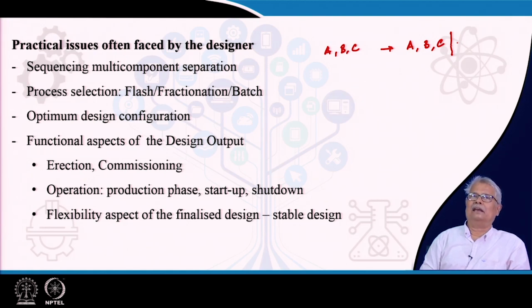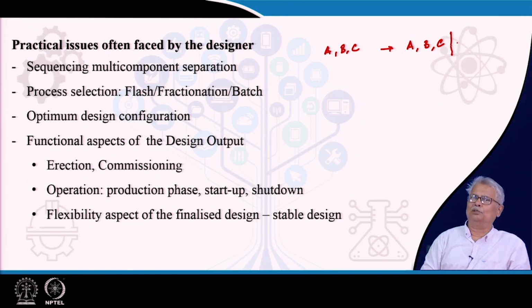We certainly have to take care of the functional aspects of the design output. The plant that one designs, the distillation setup that one designs, has to be erected and commissioned safely, economically, with the available resources.